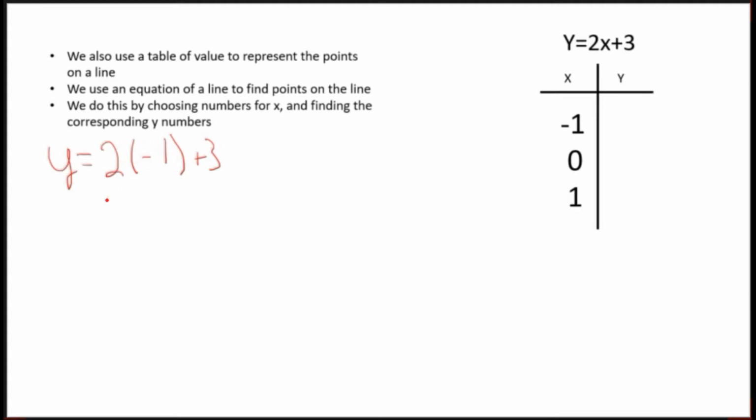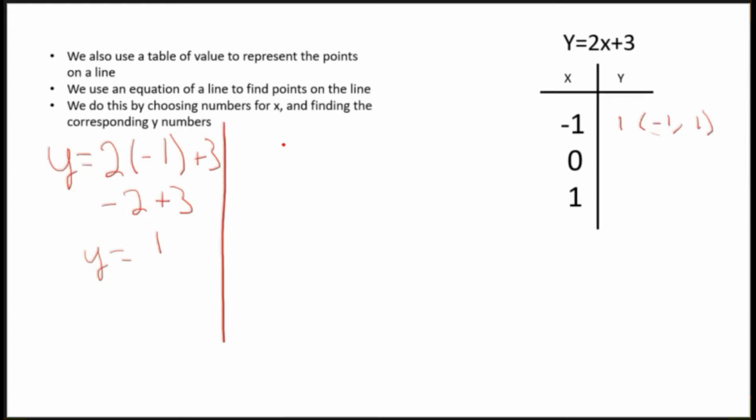So 2 times -1 gives you -2, and you're left with -2 plus 3. Alright, now doing addition, I have -2 plus 3 is +1. So our first point is -1, 1. And that's our point.